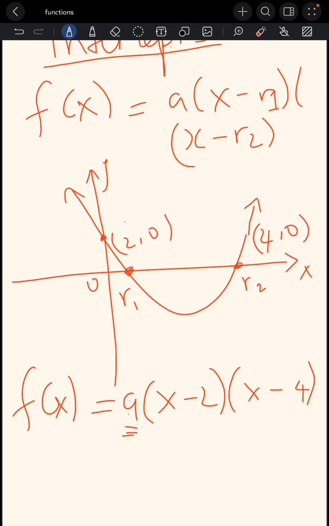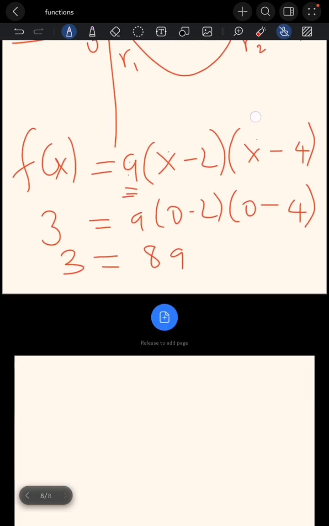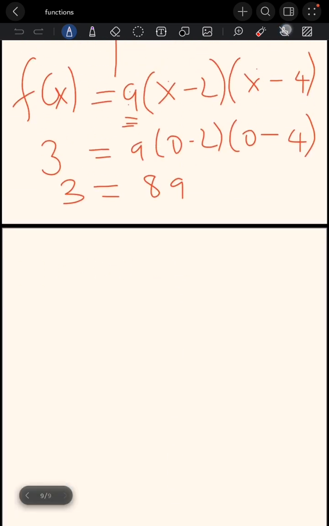So let's say this graph cuts the y-intercept at 3 and 0, then we're going to substitute 3 here and say our y is equal to 3, and then our x will be 0, so it's going to be a(0 minus 2)(0 minus 4), and then 3 is equal to 8a, and then we know that our a is going to be 3 over 8, which is positive.